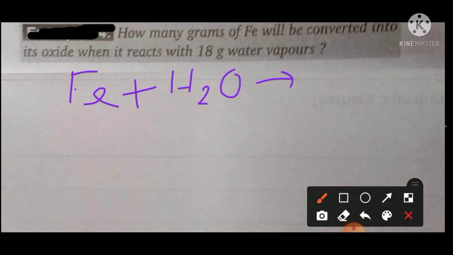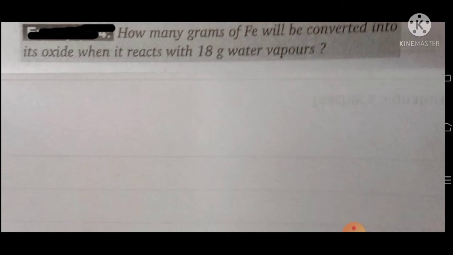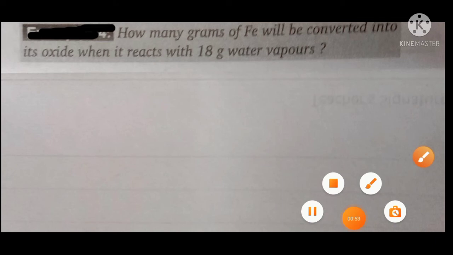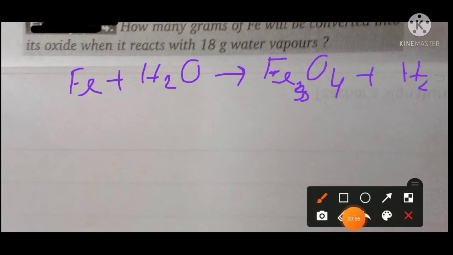Iron oxide is of 3 types: FeO, Fe2O3 and Fe3O4. Here the saturated iron oxide Fe3O4 is formed, plus H2. Okay, I will write it again: Fe plus H2O formed Fe3O4 plus H2.